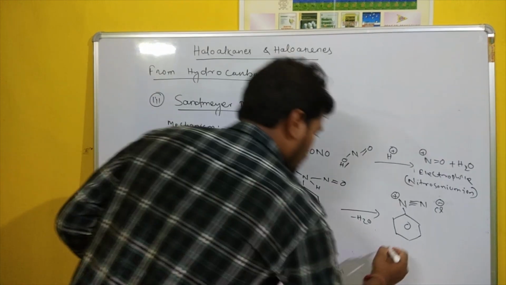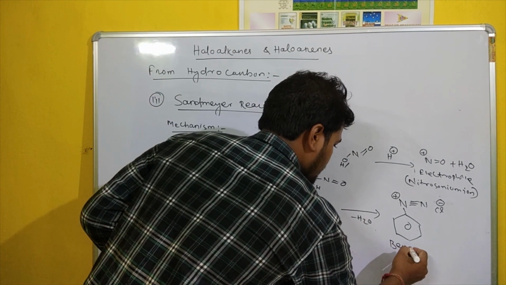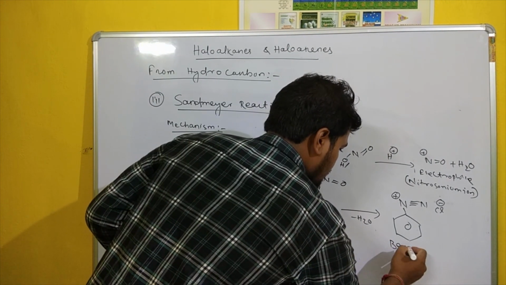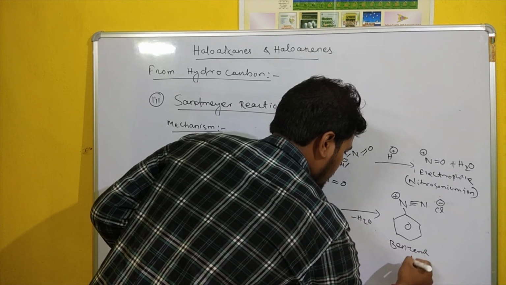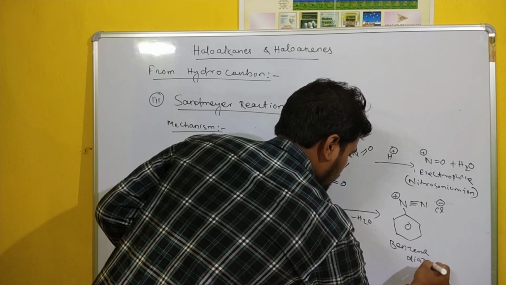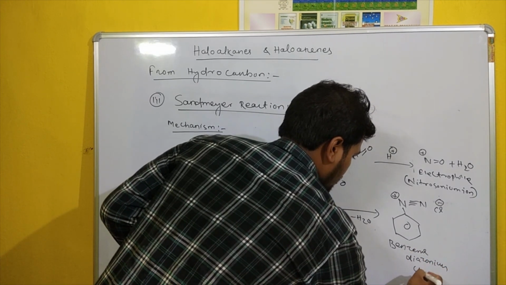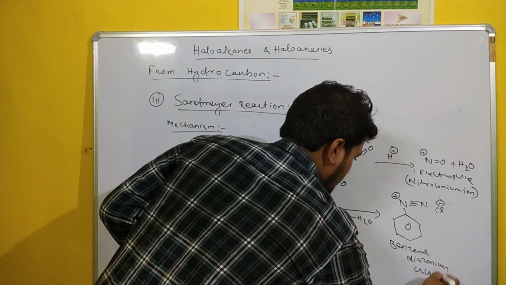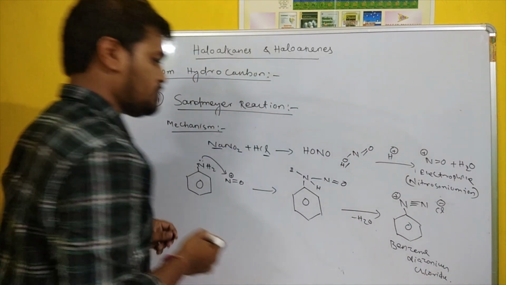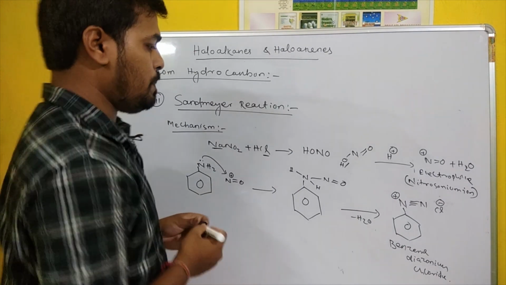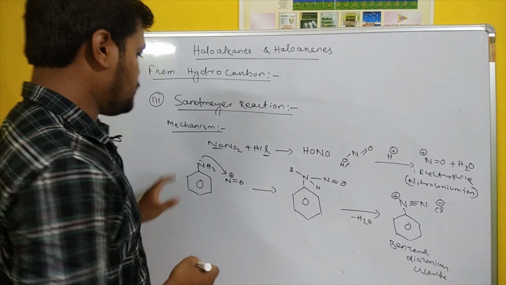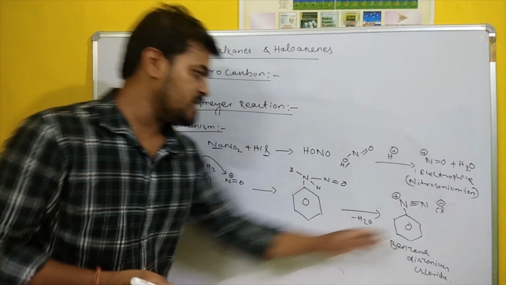So that compound is called benzene diazonium chloride. So up to here we prepared the benzene diazonium chloride.